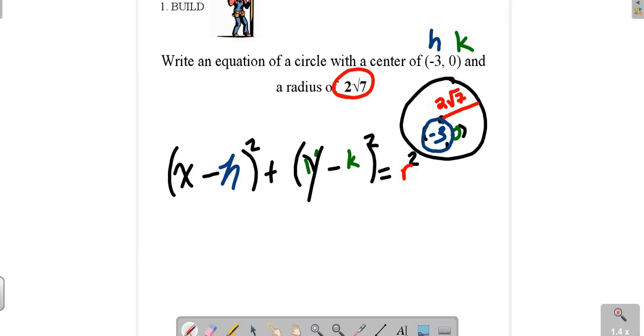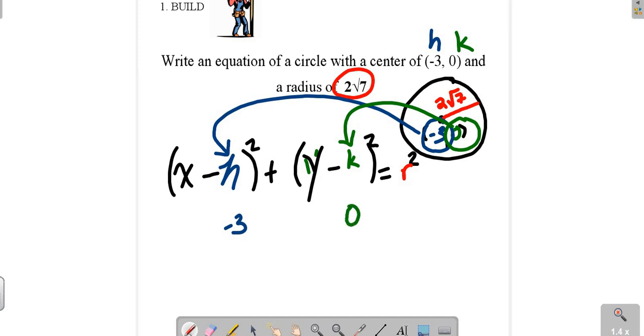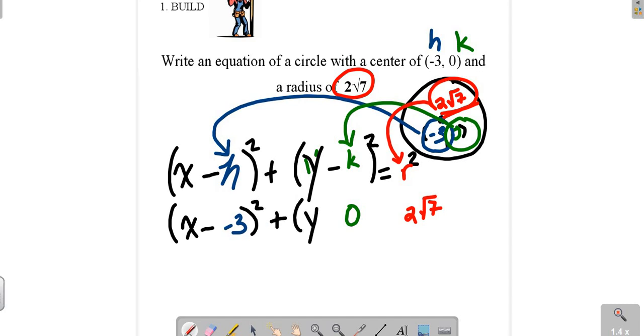Circle the -3. You're going to draw an arrow right there. We're going to plug in -3 right there. Circle the 0. We're going to plug 0 right where that k is. Circle your radius. Radius is going to go right there. Okay, now you're going to bring your equation down around it. x minus h parentheses squared, y minus k parentheses squared equals 2 root 7 squared.